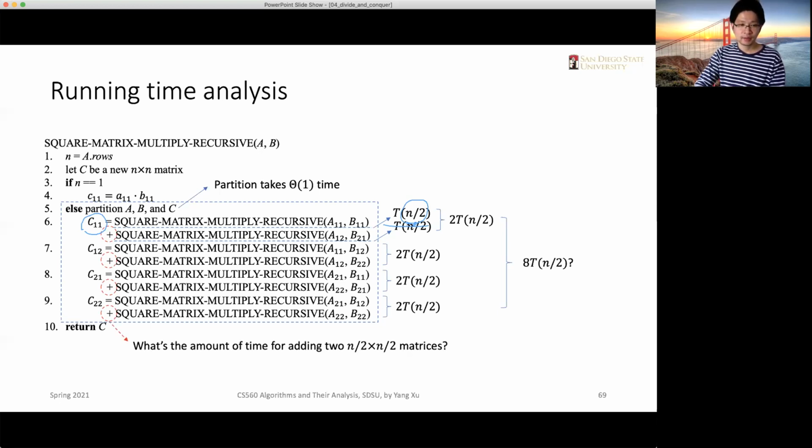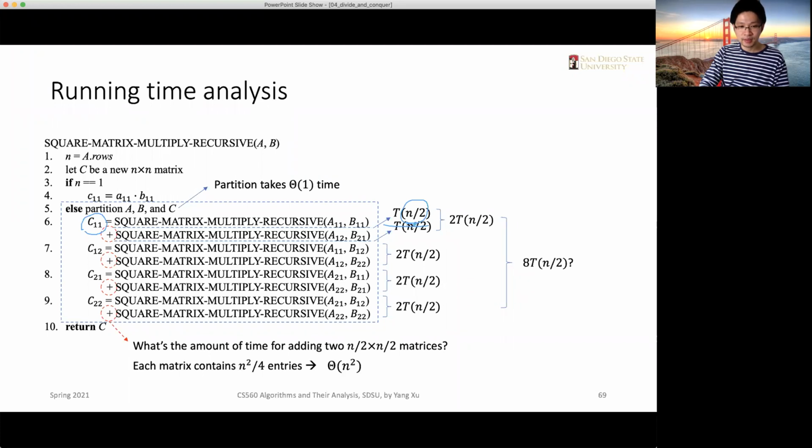Since there's some additional summation or addition here, when we sum up 2 matrices, those summation operations are not free, right? When we are adding 2 matrices, we need to go through each element in the 2 matrices and sum up the numbers at the corresponding positions.